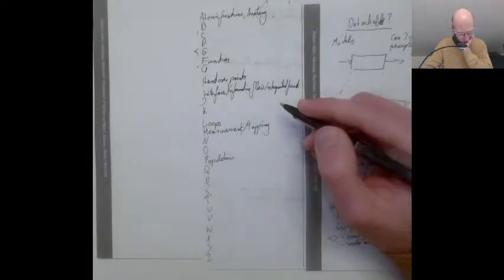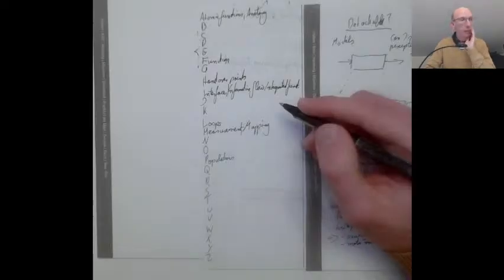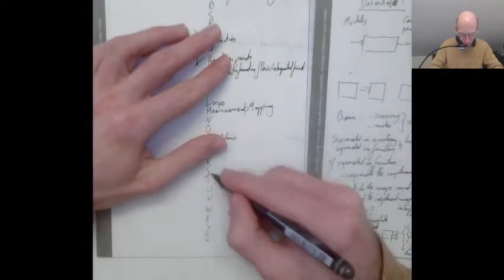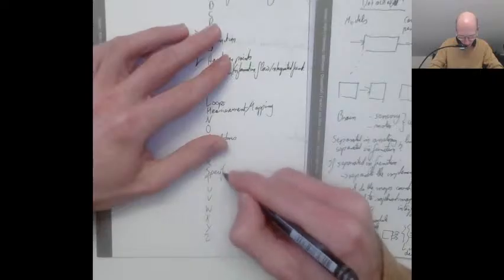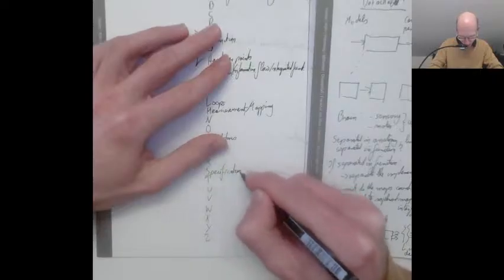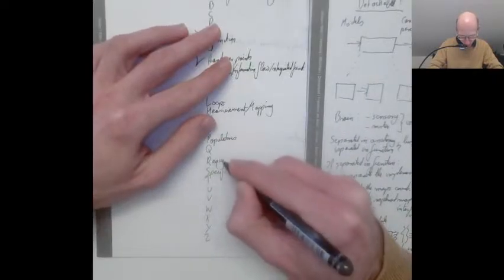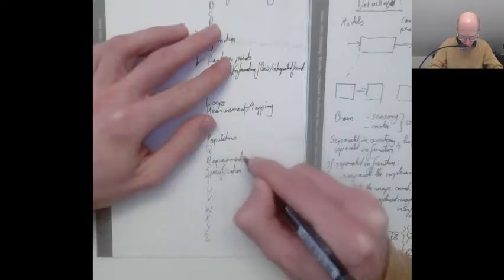Great. We have a mapping. We have something like a formal specification. We have requirements, or we can put it into the form of requirements.